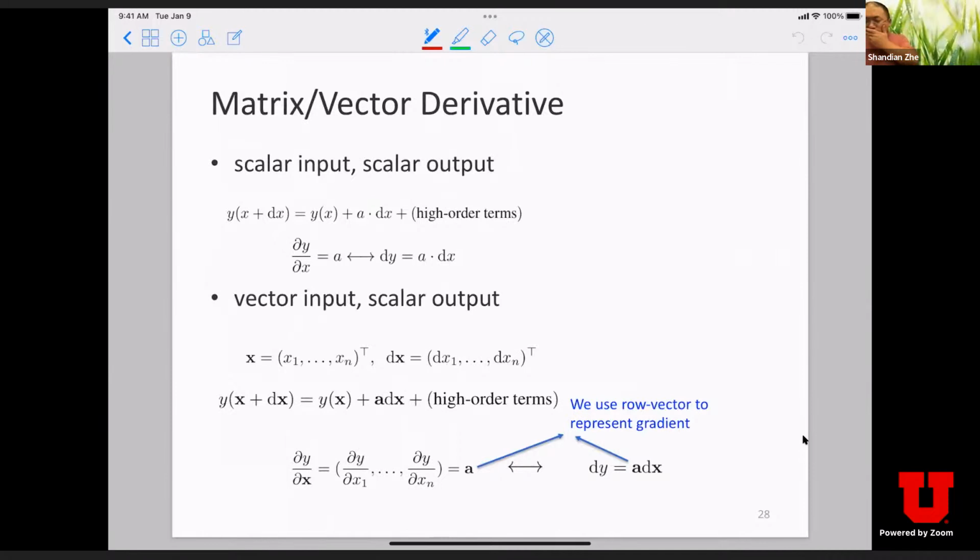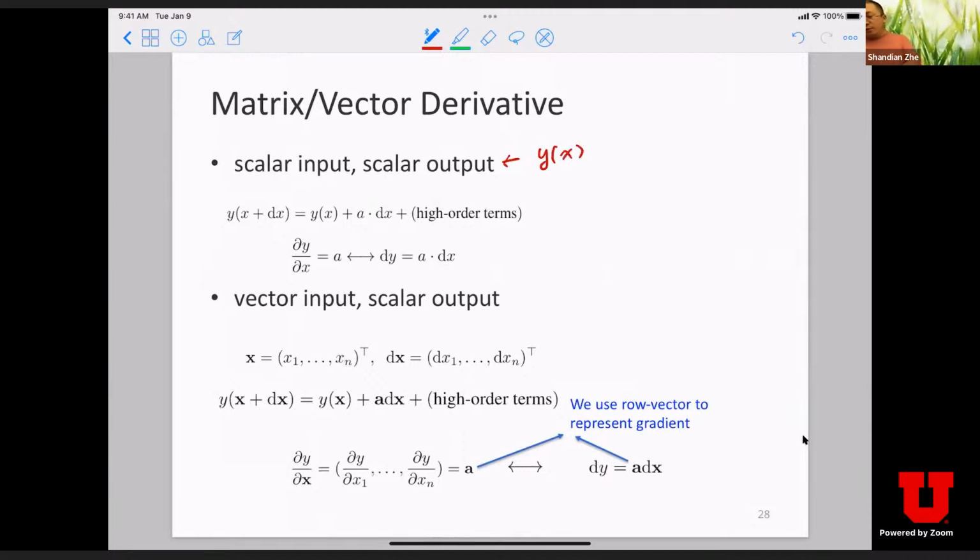Okay. So now let us talk about the general definition of derivative or gradient. We're going to start with the one we are all familiar with. Suppose you have a scalar function, which you can view as y, and the input is a scalar x.